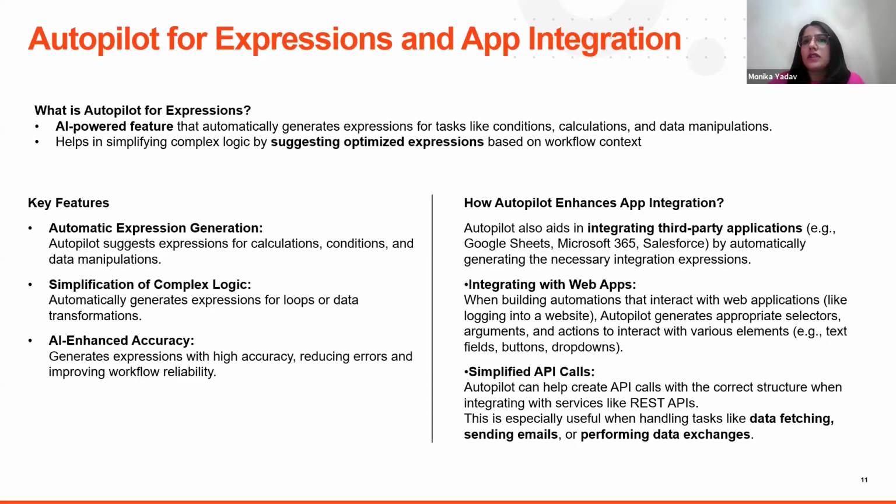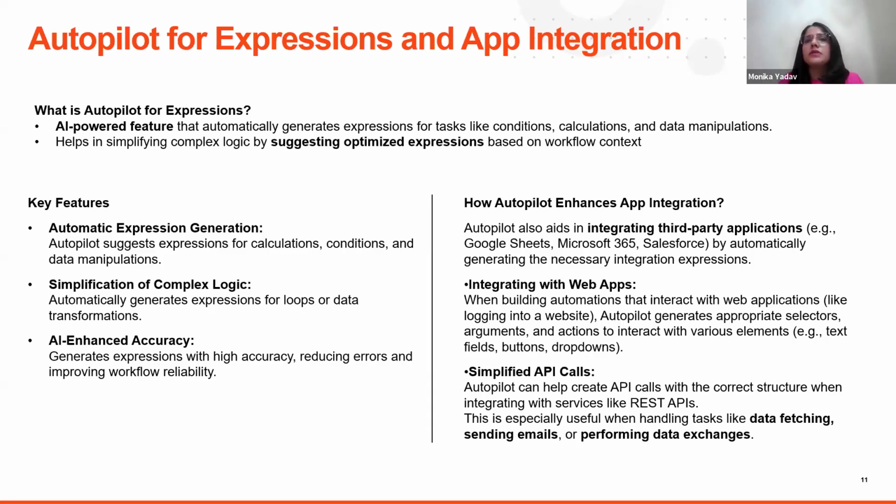So when you are working with applications like Google Sheets, Salesforce, or Outlook, Autopilot can generate the correct mapping, for example, mapping sheet columns to variables. It can also generate the API payload formats, for example, for REST calls, right?